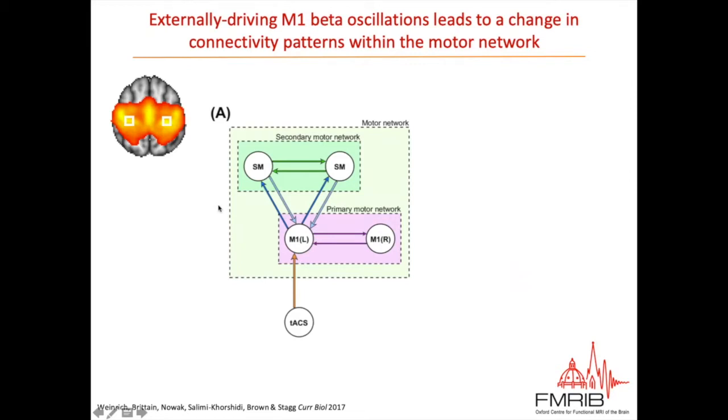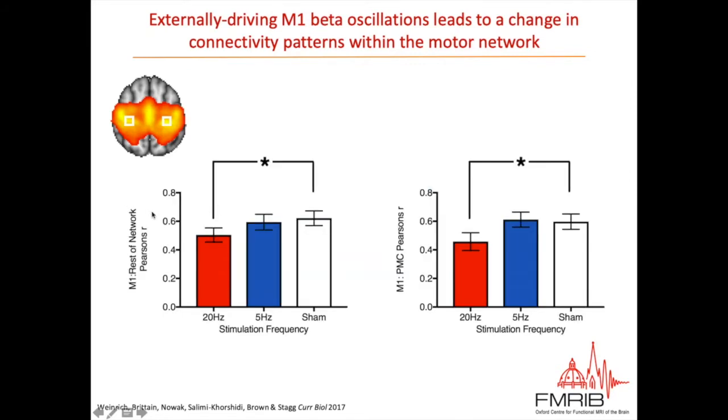And when we looked a little bit more carefully, what we saw was that actually, if you exclude motor cortex from the network and you just say, okay, if we take motor cortex out, how are the motor cortices connecting with the rest of the motor network to which they're less connected to start with?